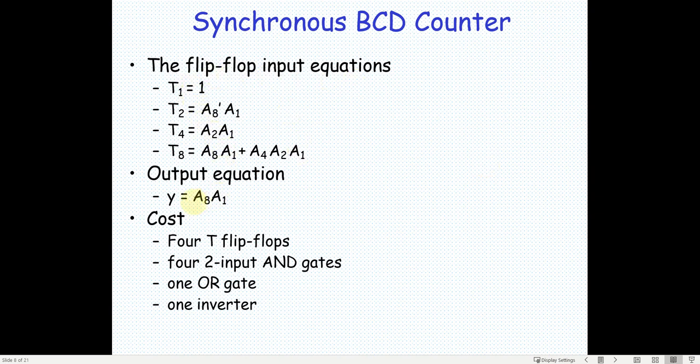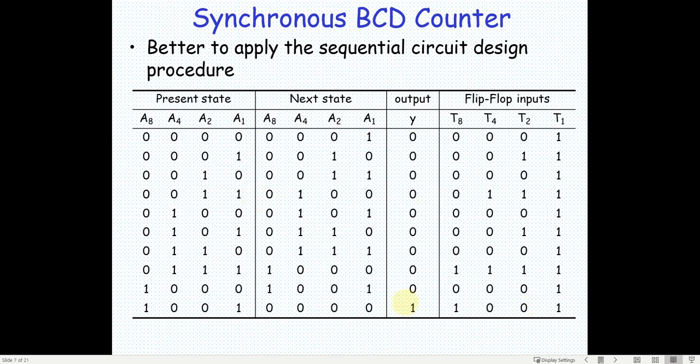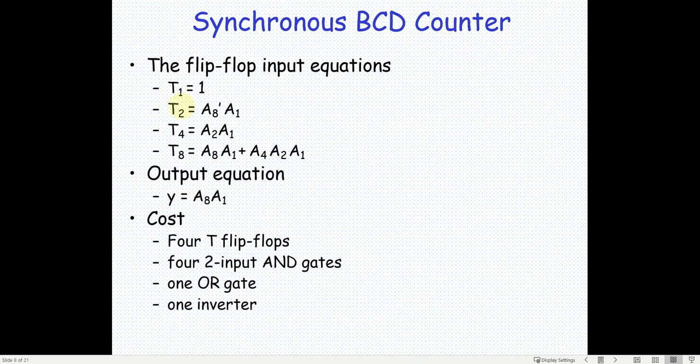This is when you are reaching the highest value. That is when you are reaching 9. If at all you want this output, that is, it has reached the max count. Otherwise, after reaching here, if you wanted to go back to 0, it will go back to 0 as you have designed it. But this will go high whenever you are reaching the max limit. So that is one indication which you would want to have. So you can make a K-map and then you can make a BCD counter.